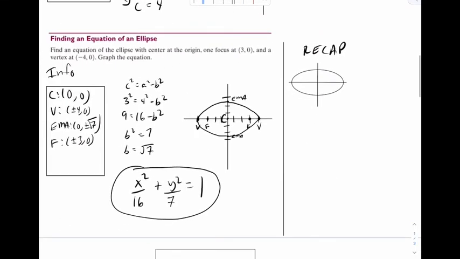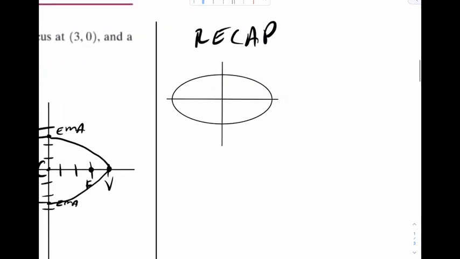We're going to take a little section right here. This is the first ellipse we worked on. This is the football form. That's your x squared over a squared plus y squared over b squared is equal to 1.